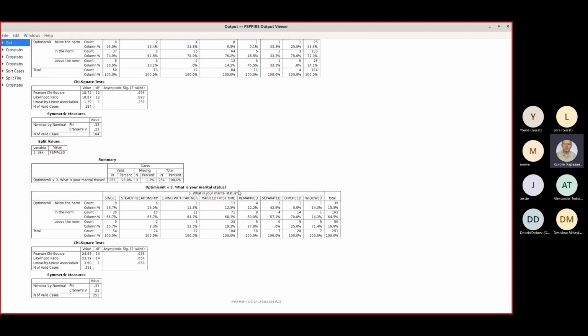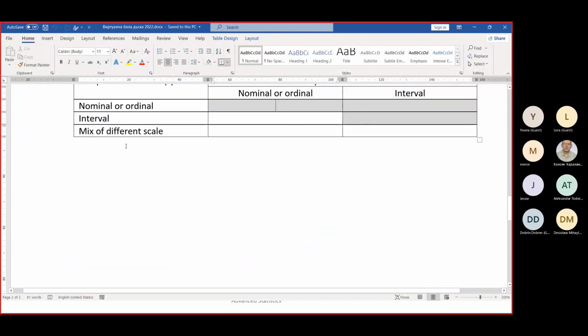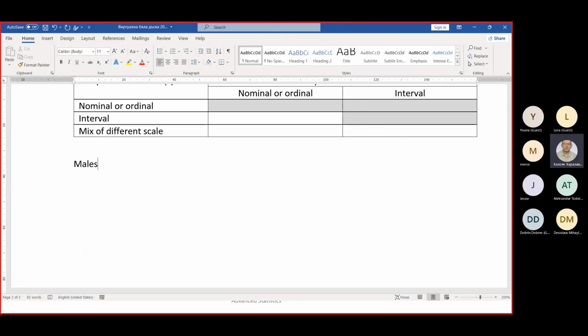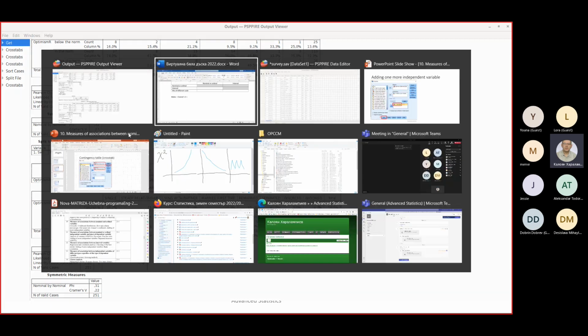And we must compare Cramer's V, this coefficient. In the group of males, Cramer's V is 0.23.